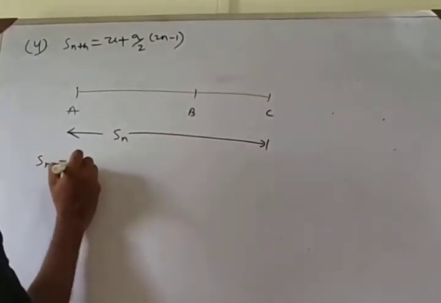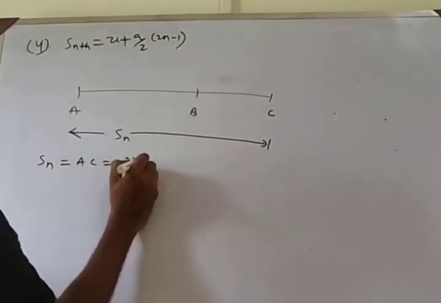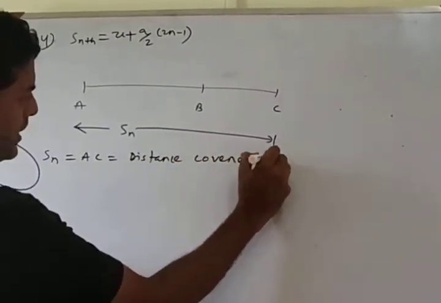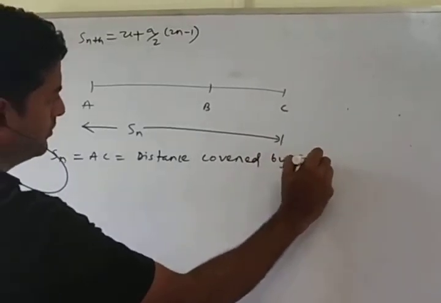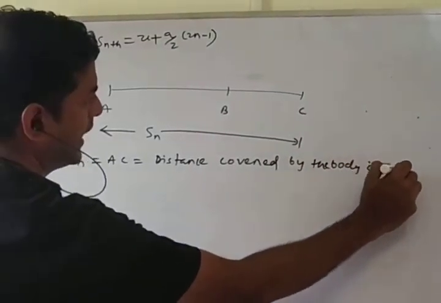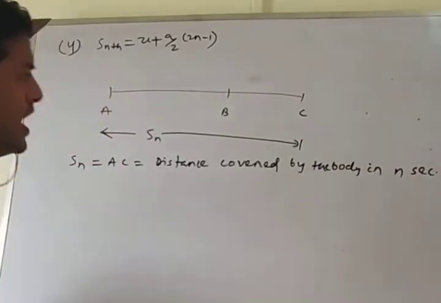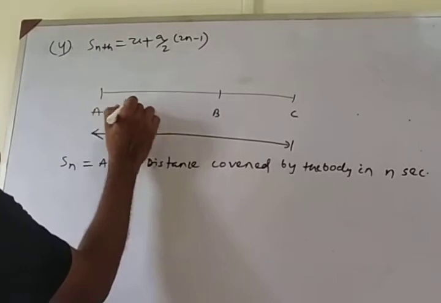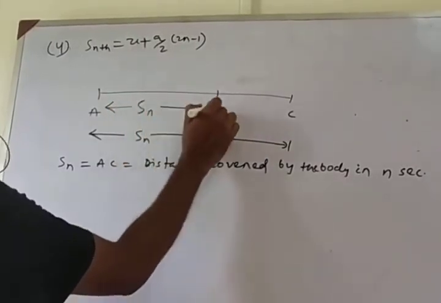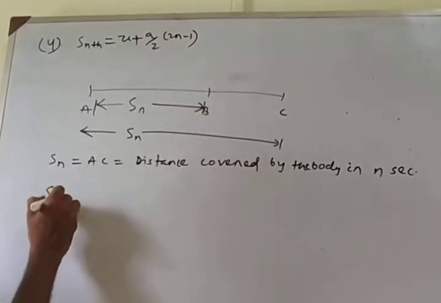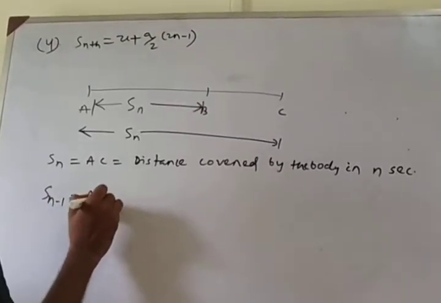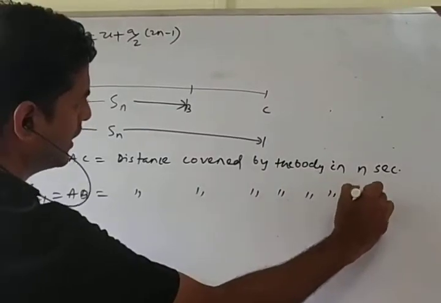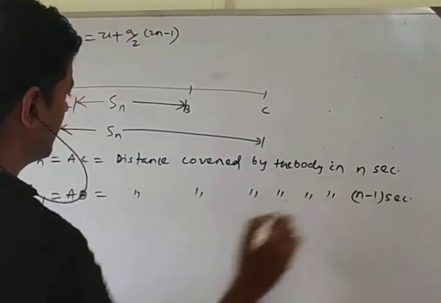So Sn is nothing but AC, which is the distance covered by the body in n seconds. Now let the body take n minus 1 seconds to go from A to B. So Sn minus 1 is AB, that is the distance covered by the body in n minus 1 seconds.